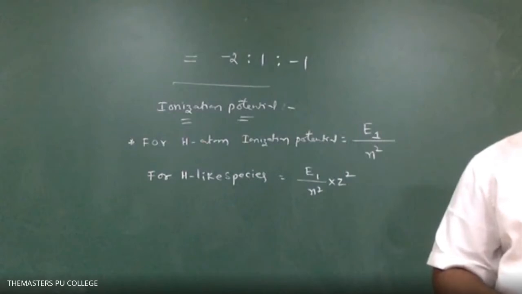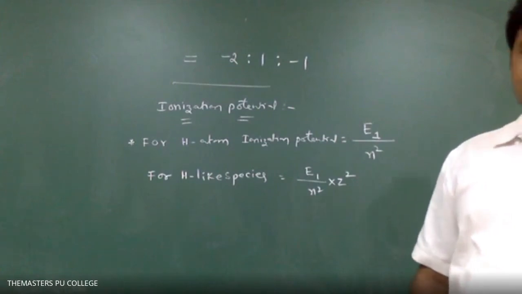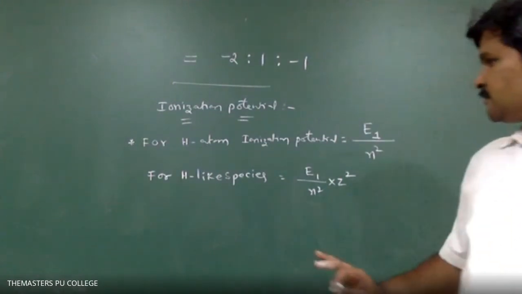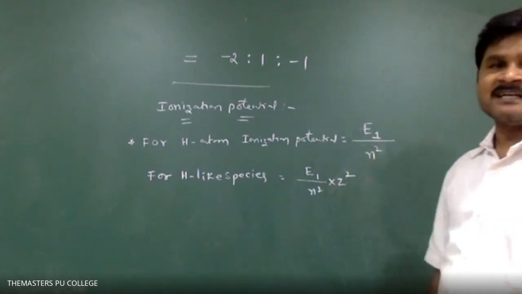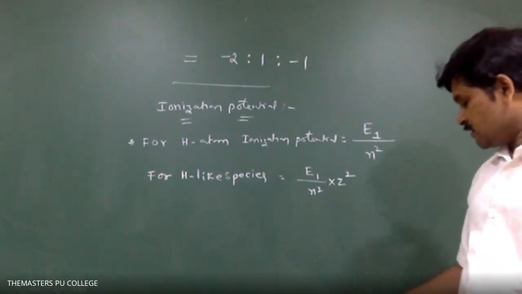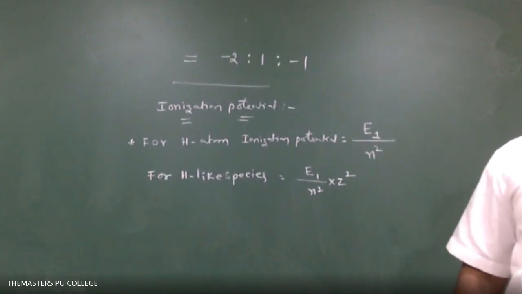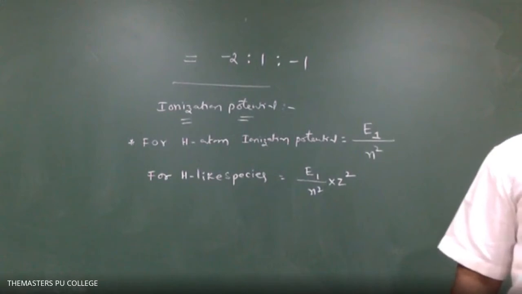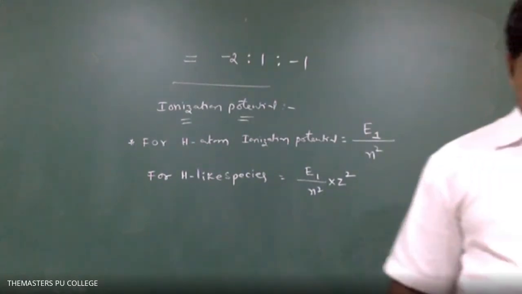So for ionization potential of an atom in electron volts, it becomes 13.6/n². Okay? Electron volts means you have to take the energy as 13.6 electron volts. Yes, these are the formulas.